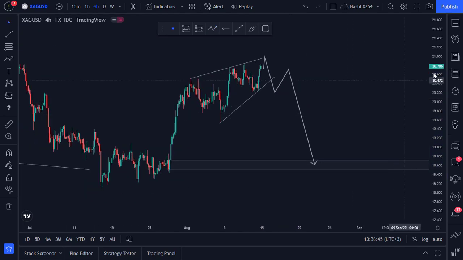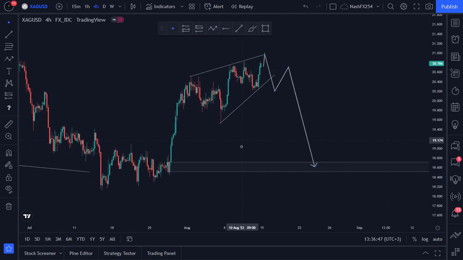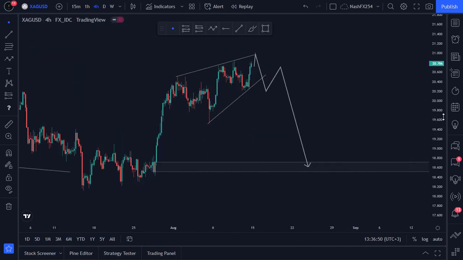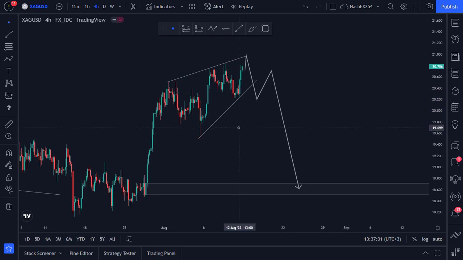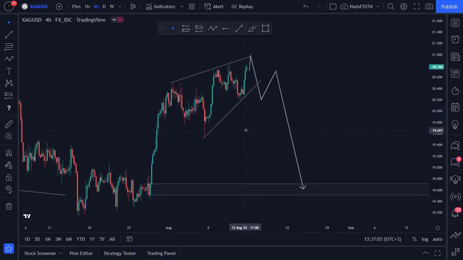Okay, so this is as simple as I analyze, guys. I just look for certain value areas where I know the price will come back to. Okay, once I have my 3-touch pattern, I usually just look for the mitigation levels. Okay, the level of imbalances.